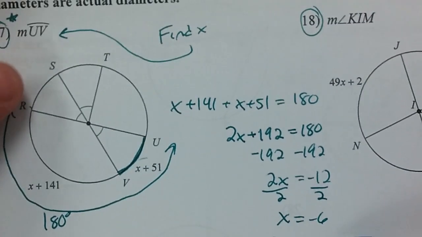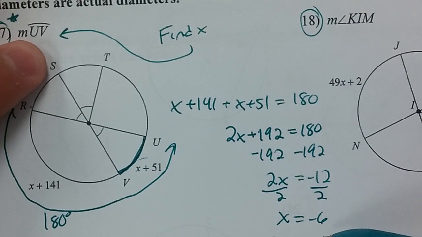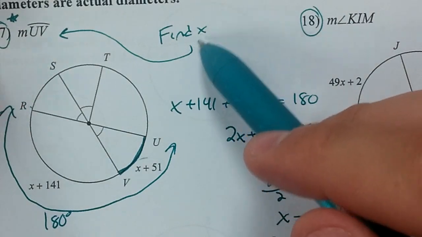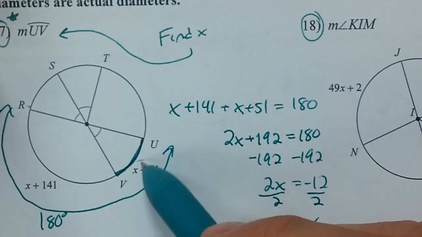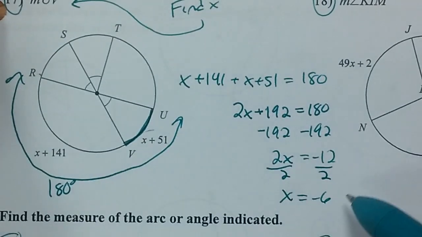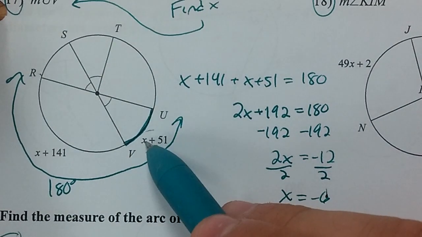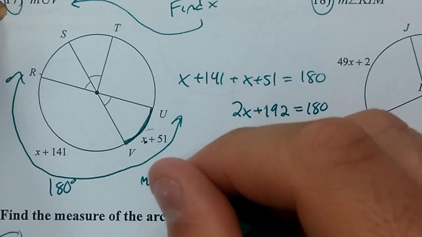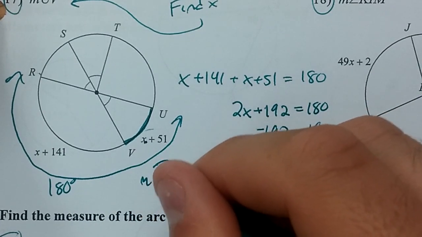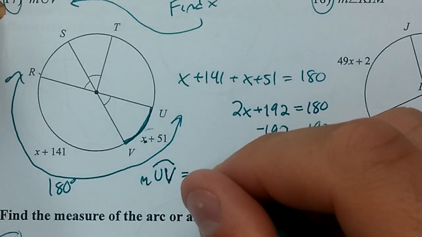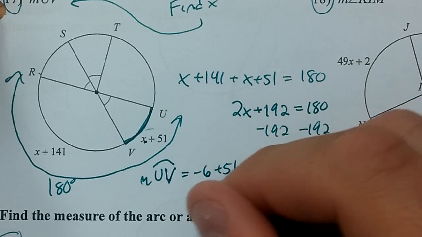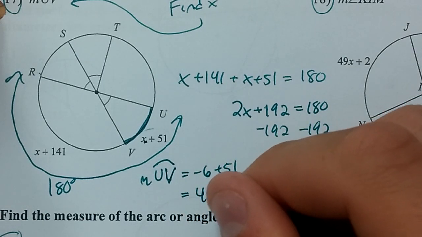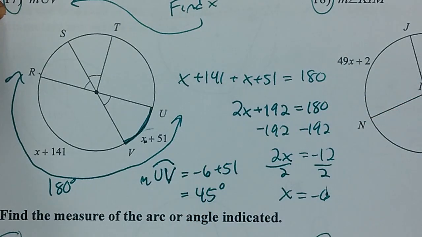Now the original problem says find the measure of arc UV, which we did find x first, but now we need to plug this back in for UV. Right here is UV. If you plug this number in for this x here, 45 degrees is your measure.